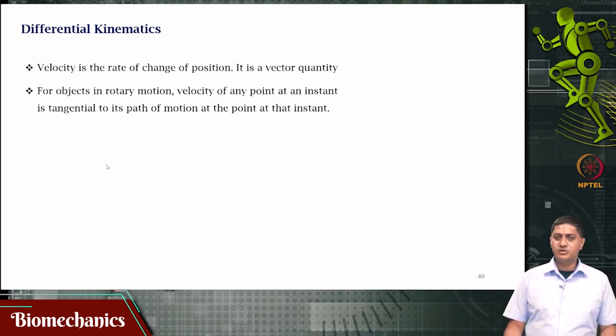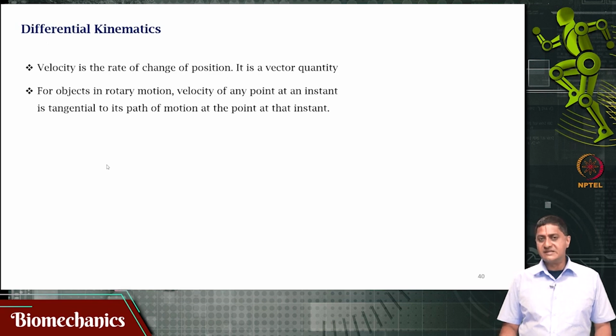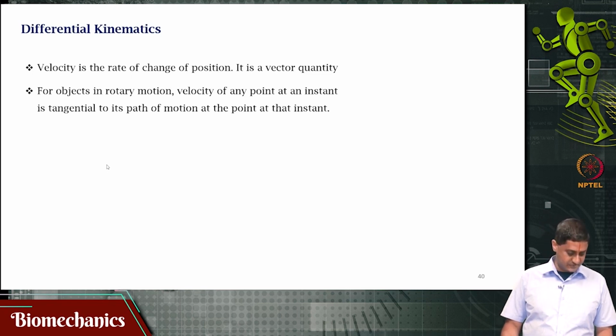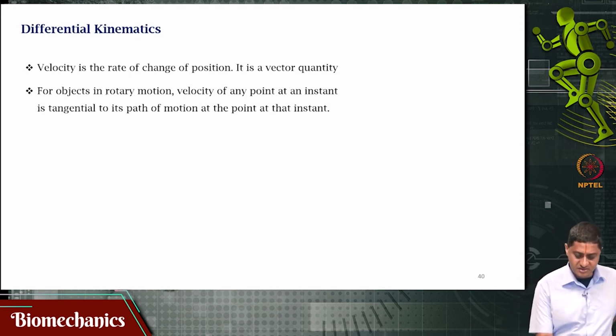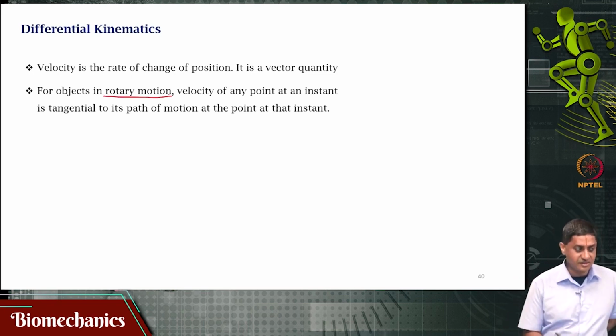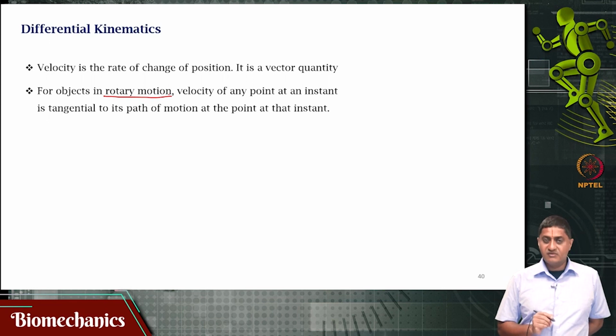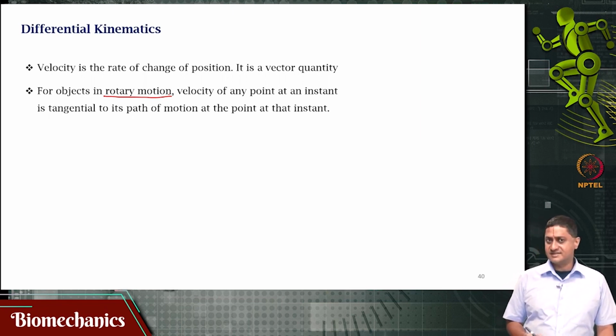In the case of the human body, the segments or the links under consideration are all undergoing rotary motions, right. So, if segments or links are in rotary motion, velocity of any point at an instant is tangential to the path of motion at the point at that instant. Why is this the case?